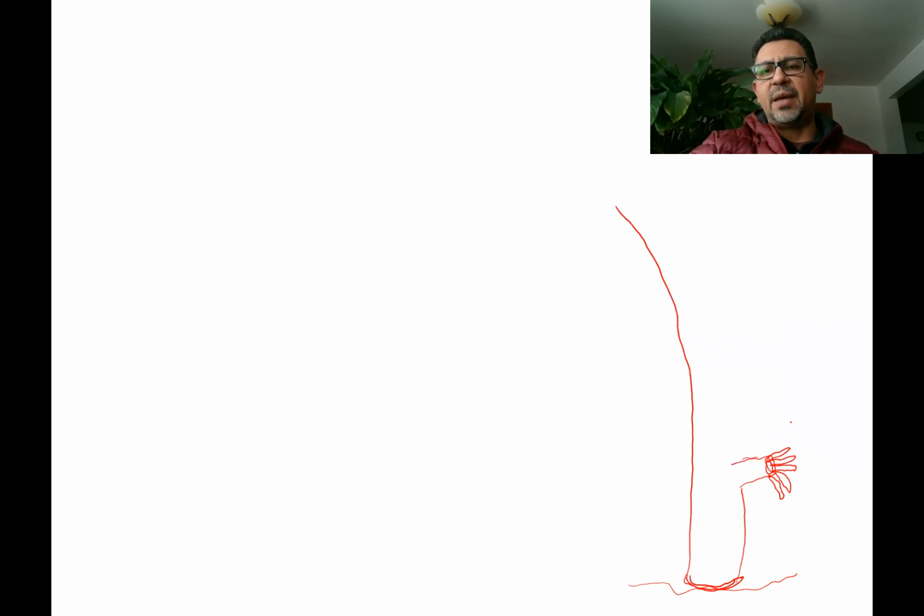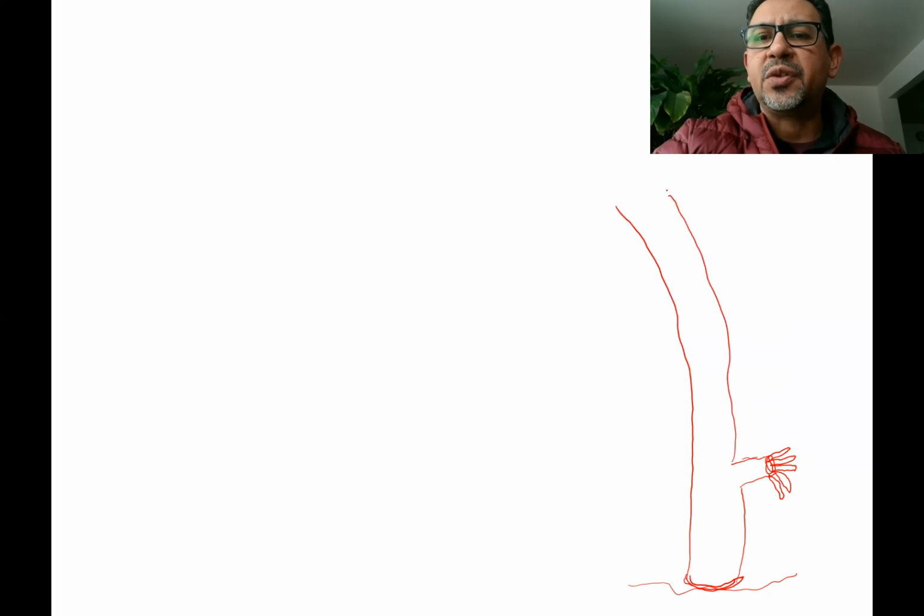And notice that I'm making a representation that is more than just a scribble. It's actually showing that this is an animal with a cylindrical body. It is going to have a mouth. This is going to be where the mouth is. And there are going to be tentacles. They are going to be really long.